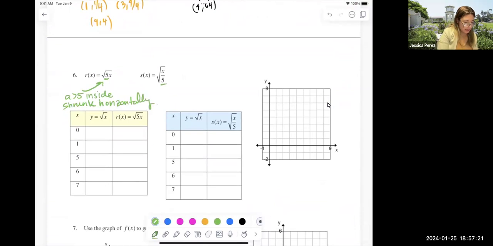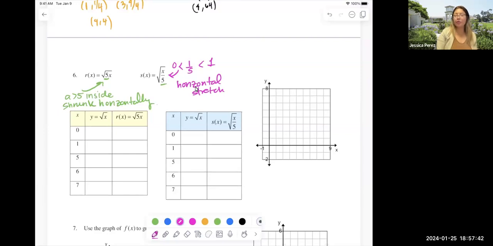And then similarly over here, the 1/5 is in between 0 and 1. It's a fraction. You don't see it, you just see divided by 5, but that's technically 1/5. And this is going to stretch horizontally. So instead of shrink, it's going to stretch horizontally. So we're going to stretch it to the sides.